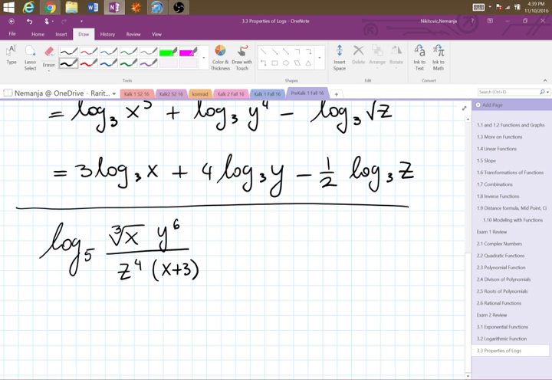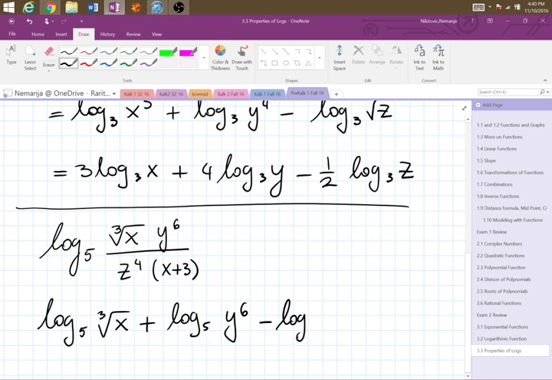All right? So it's going to be log base 5 of cube root of x plus, because it's multiplication, log base 5 of y to the 6 minus, because it's divided by z to the 4, log base 5 z to the 4, and here is the great Slayer, minus again log base 5 of x plus 3.